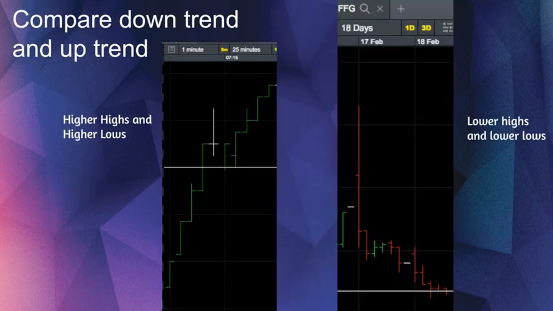Now here we are comparing the downtrend and the uptrend. In the uptrend, you can clearly see we've got higher highs and higher lows. The highs of the next bar are higher than the previous one, and the lows of the next bar are higher than the previous bar.